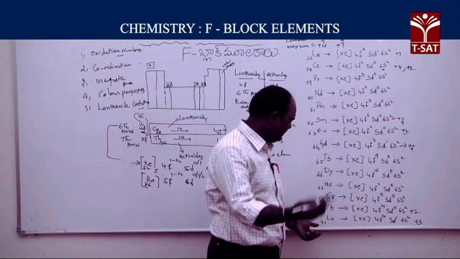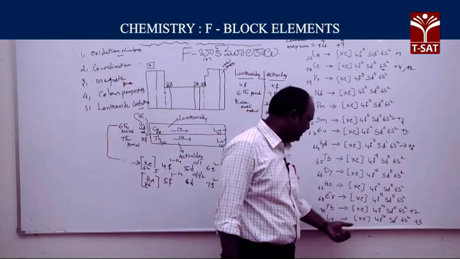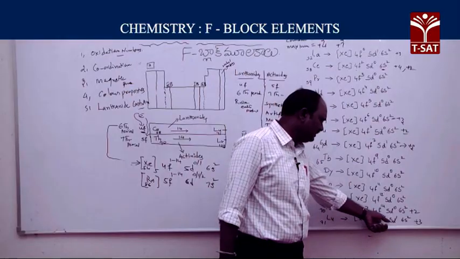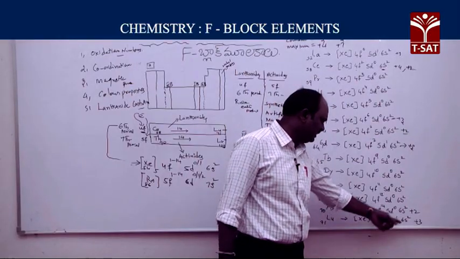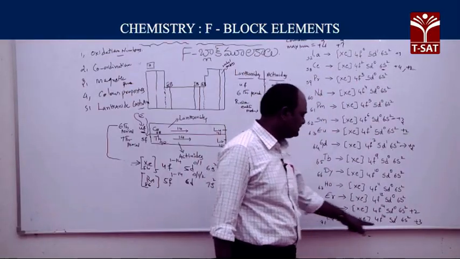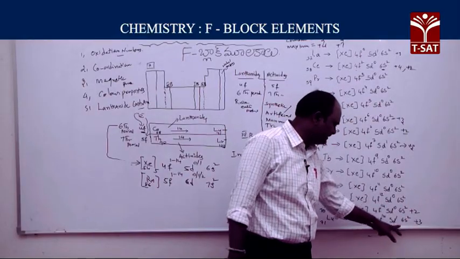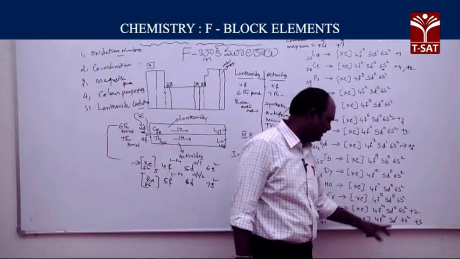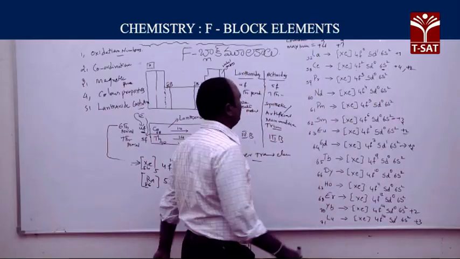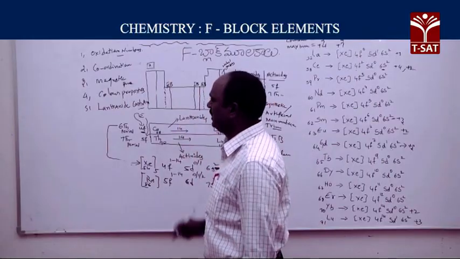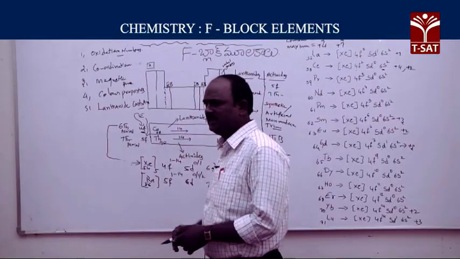In the next element, lutetium, it is xenon 4f14, and the incoming electron enters the 5d1. Therefore, lutetium exhibits the +3 oxidation number by losing 2 electrons from 6s and 1 electron from 5d. This is about the oxidation numbers and electron configuration of the inner transition elements.